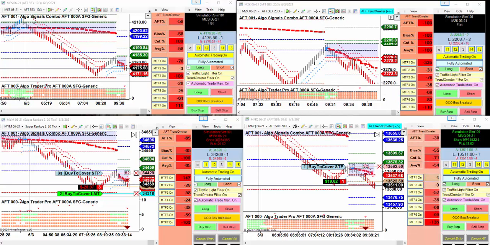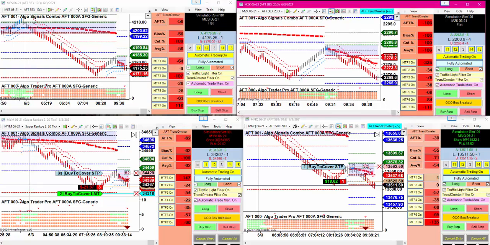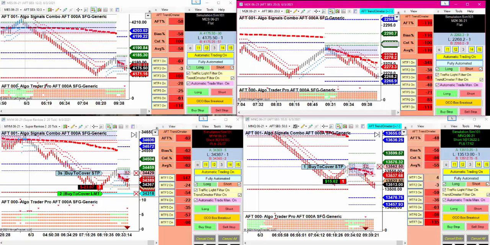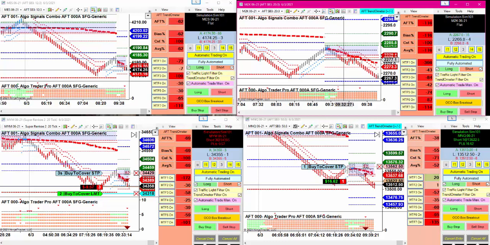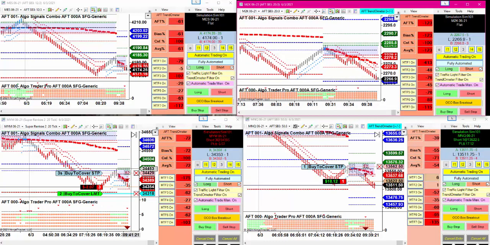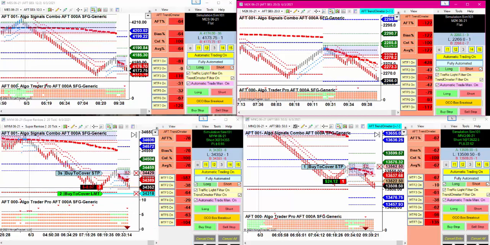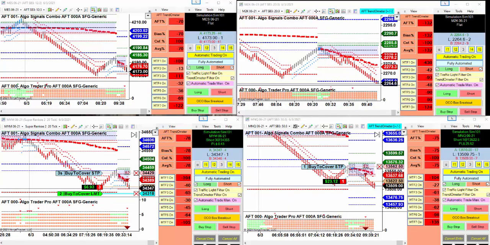Again, look at your M2K. It did filter that trade out. All right, so you have to realize anytime you add filters, yes, you're going to filter out some bad stuff, but also potentially you're going to filter out some good trades too. And then finally here, the MES, right, your traffic light filters is all red.